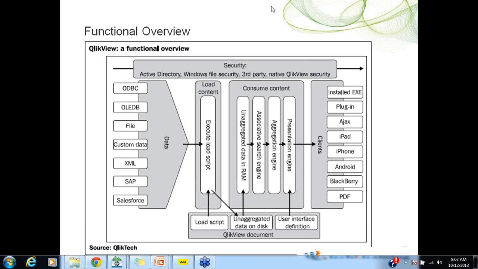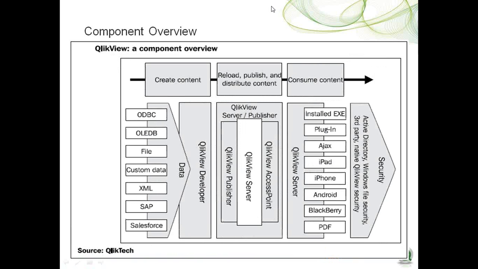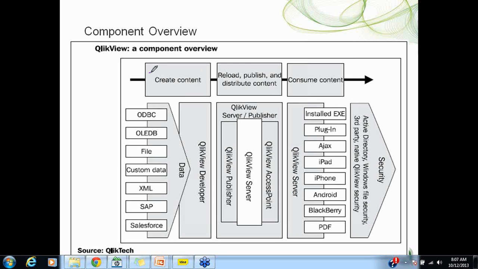Fortunately, Qlikview offers us a large range of components, which ensures that Qlikview can scale from local deployment on a laptop all the way to an enterprise-wide solution. And these components can be classified into three categories. The first one is create content, then reload content, then consume content. So we'll see each one by one by looking at this diagram.